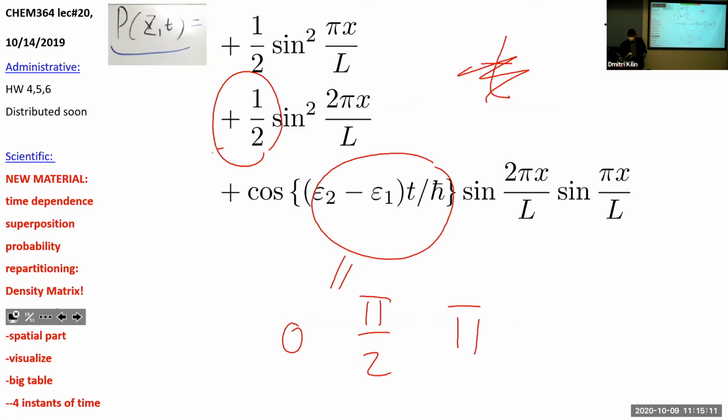So let's look at this. Until the end of today's meeting, we will do nothing except analyzing this equation and trying to plot it.